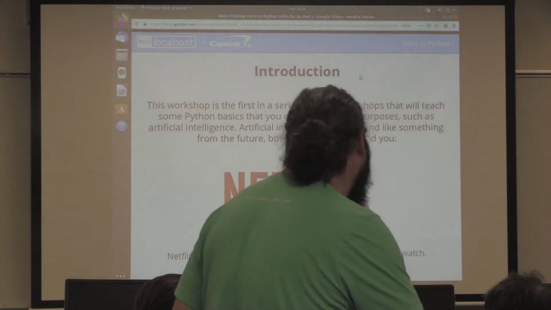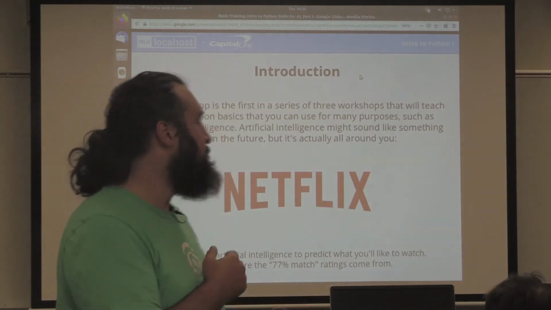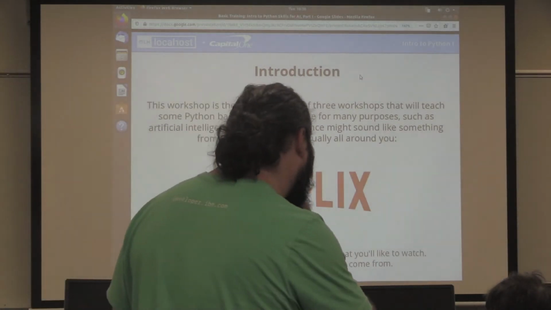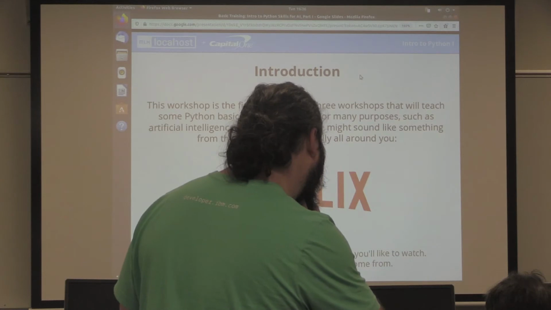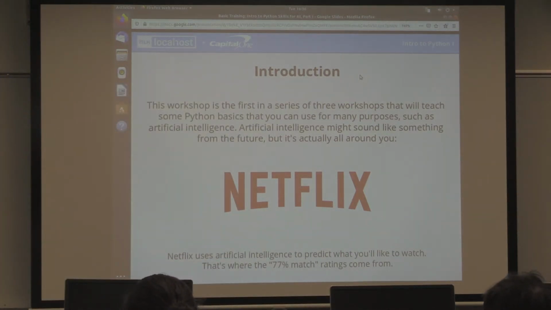Yeah, just put other. Which MLH local hack activity are you participating in? So this is Intro to Python 1. It's in the top left corner. Oh, all right. So in this case, it's the ACM. Yes. Gotcha. Intro to Python skills for AI part 1. Yes.